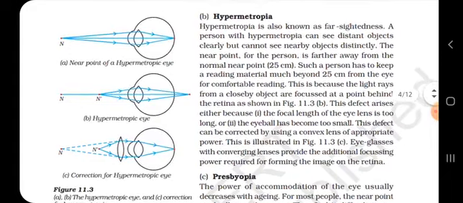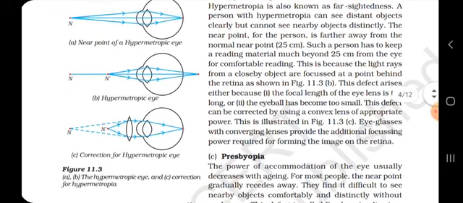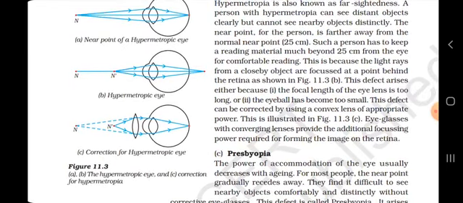See over here in figure number 11.3, they have given us the schematic diagram of the near point of the hypermetropic eye, and the image is formed exactly on the retina. But for an uncorrected hypermetropic eye, the image is formed beyond the retina.